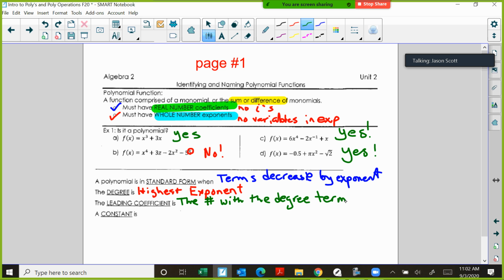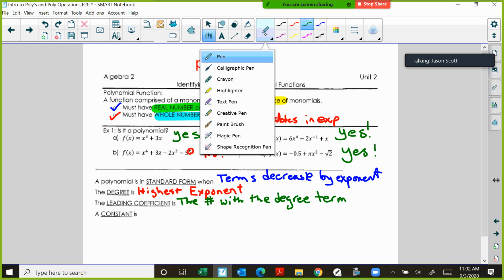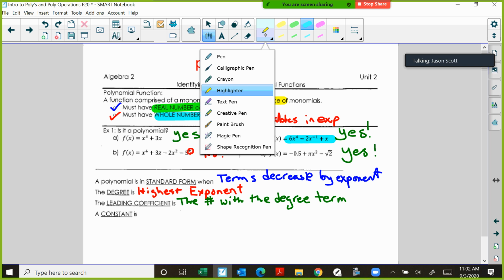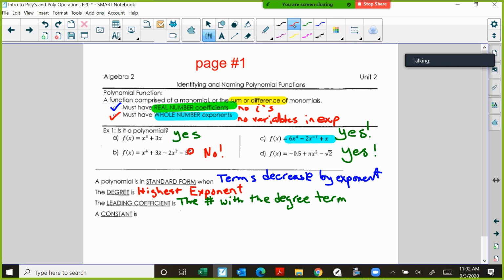So if you look at example C up here, the 4 is the degree. Excuse me. 4 is the degree, making the 6 the leading coefficient. So those two terms, the degree and the leading coefficient, will be together.